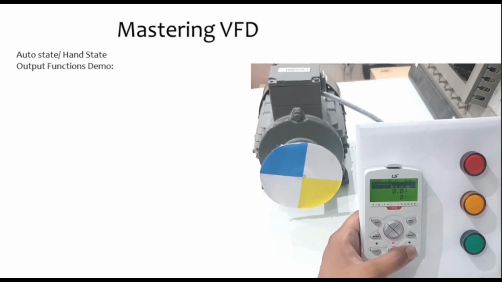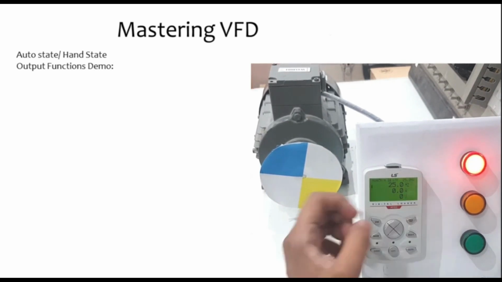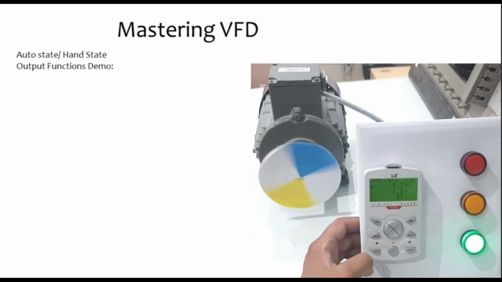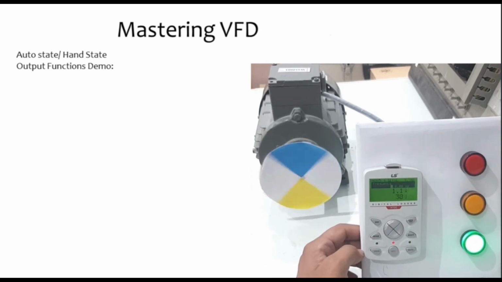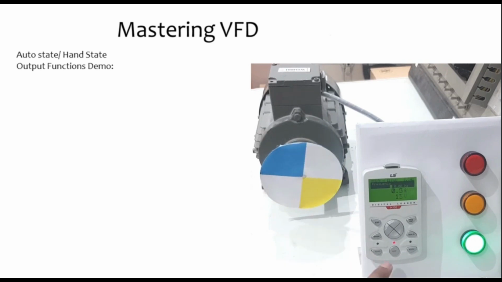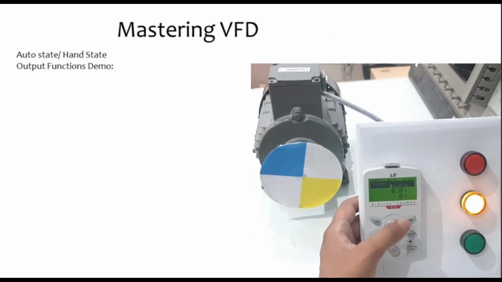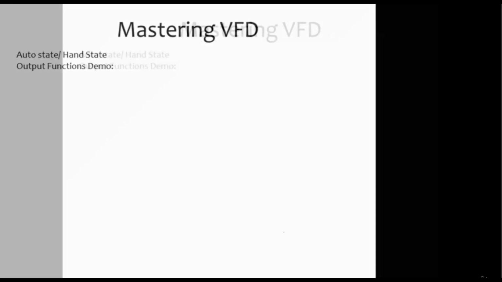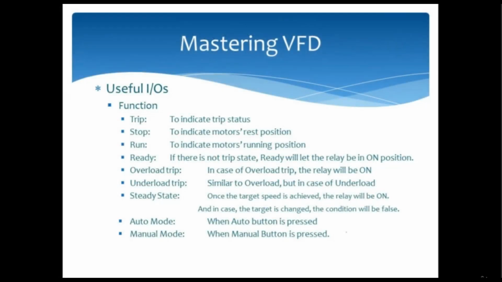Now when I press auto key, red light is on, which is relay number 1, and when I press hand key, yellow light is on, which is relay number 2. So now we have gone through these functions, some of them practically.